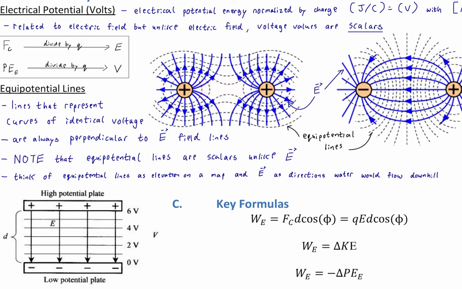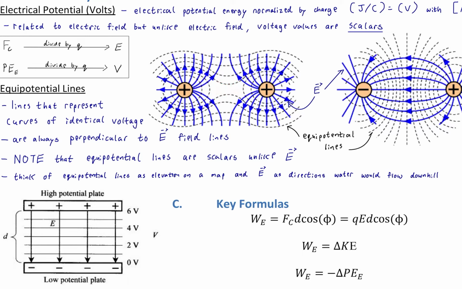These are elevation lines on a topographic map. And then what topographic maps don't typically have would be the watershed directions, where water would flow. In other words, if you started water here, it would flow in this direction. On the other hand, if you started water here, it would flow in that direction. See it? So I think that's a great way of being able to visualize, interpret, and make sense of this information. So let's get on to the key formulas.